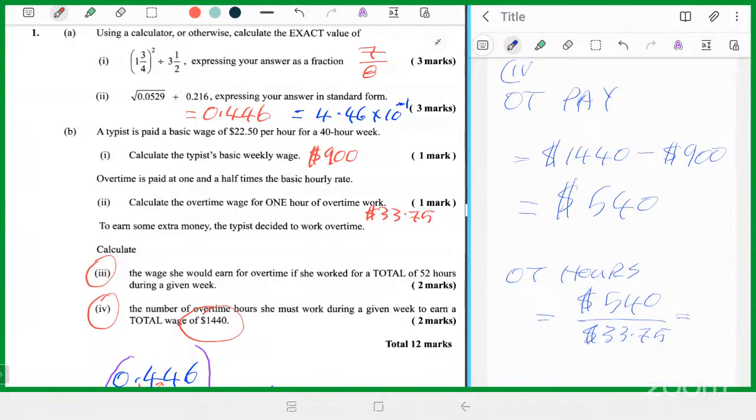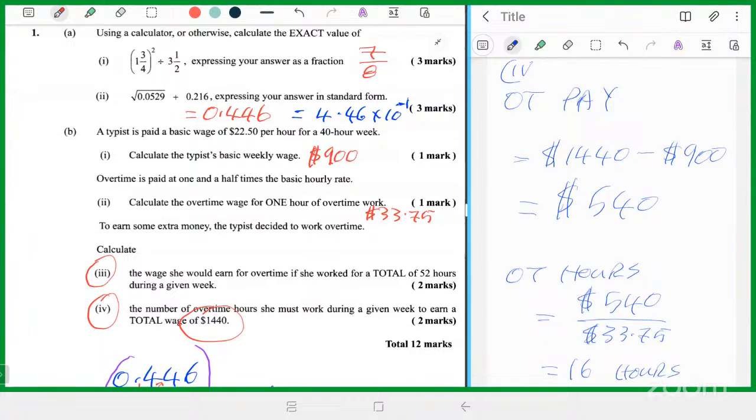That's going to tell us what the overtime hours is. So dividing this 540 by the 33.75, I'm getting 16 hours. 16 hours overtime. So she works 16 hours of overtime.